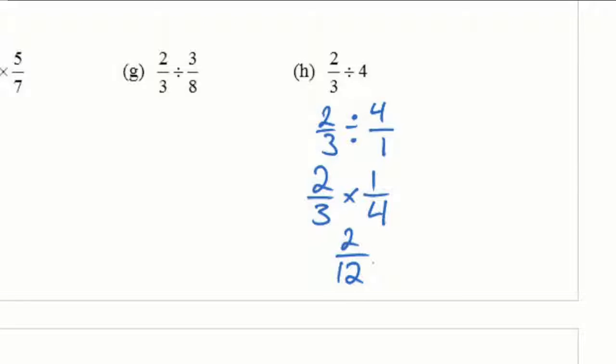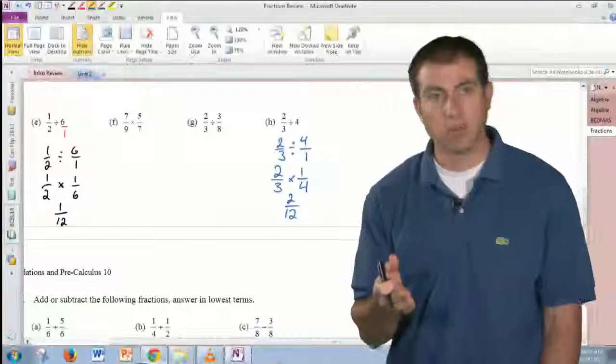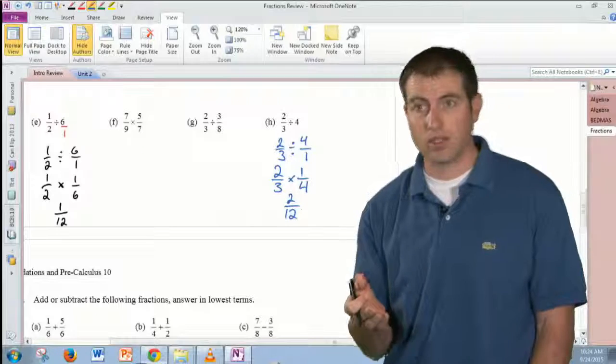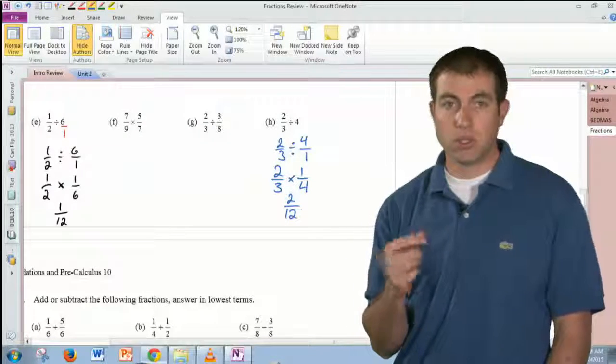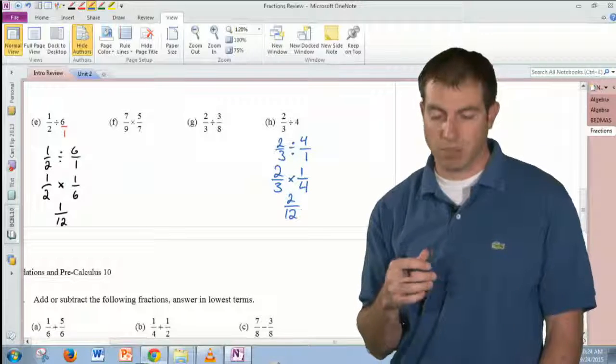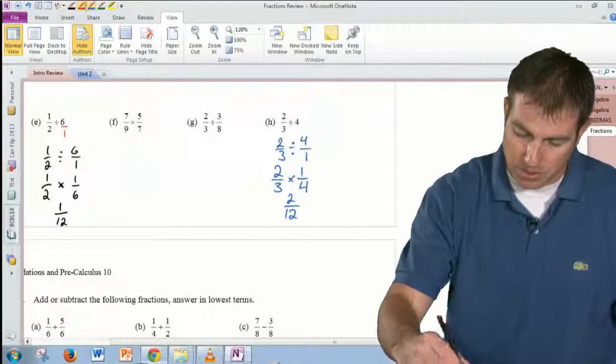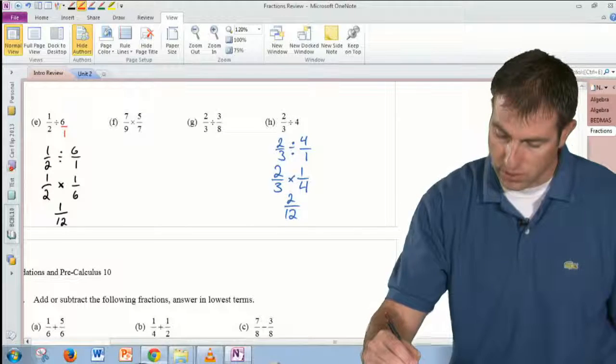Now this comes back to the idea where we have a fraction as our answer, but is the fraction in simplest terms? And this one is not. So we need to make sure we simplify our fractions. So 2 and 12 both have a common number that can go into both of them. And the common number that goes into both 2 and 12 is 2.